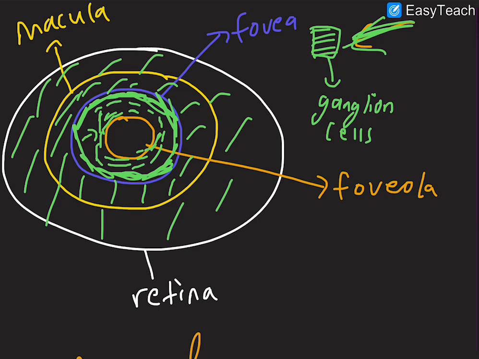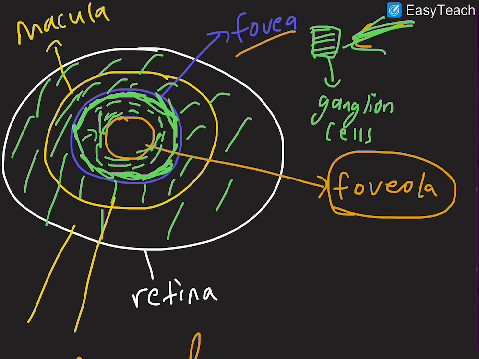Remember, the fovea is the highest density of cones. So that's why the foveola has no ganglion cells, or little to none, because that makes it easier for the light rays to come and hit the cones directly.